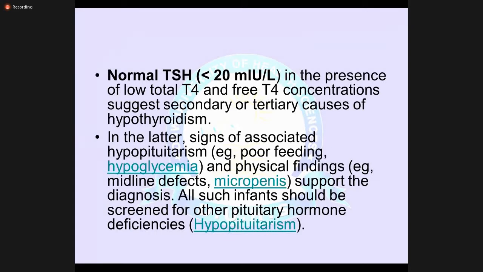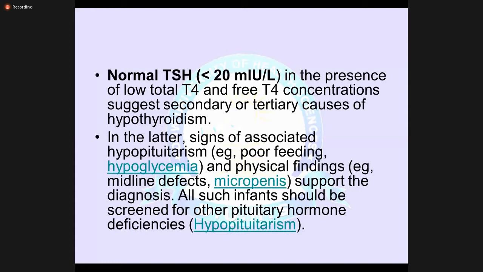So one should be very clear about what to expect. If the T4 is low, you expect the TSH should be high in case of primary hypothyroidism. But in case of secondary or tertiary hypothyroidism, the situation could be different. Your thyroxine level may be low, as well as your TSH level may be normal or low.